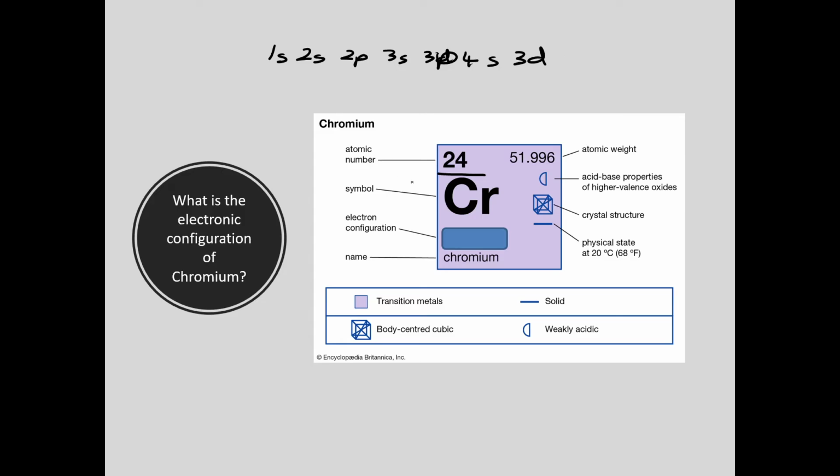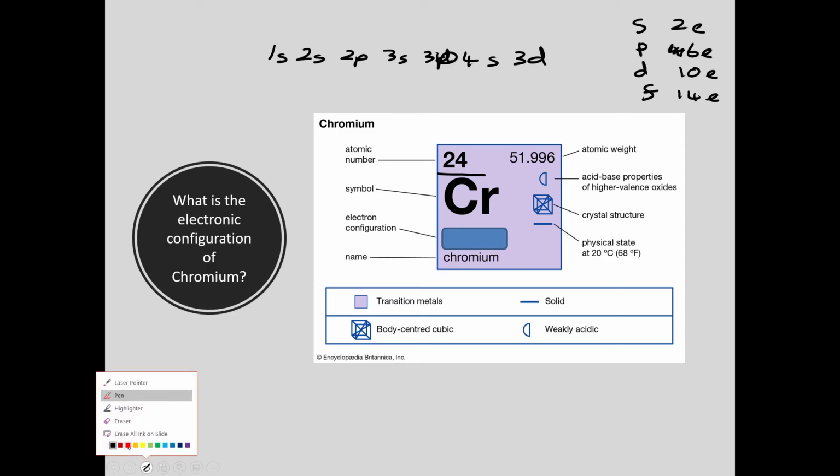To fill, you remember S, P, D, F: S can hold 2 electrons, P 6 electrons, D 10 electrons, and F 14 electrons. So we have 24 electrons. I'll write in blue.